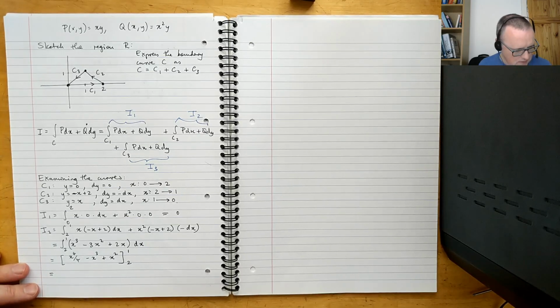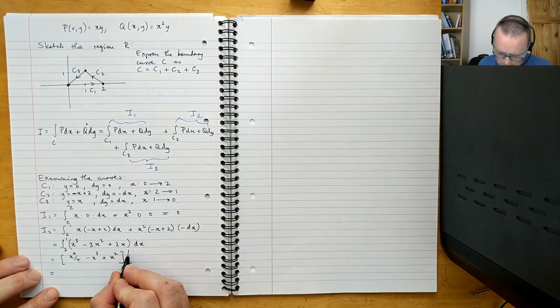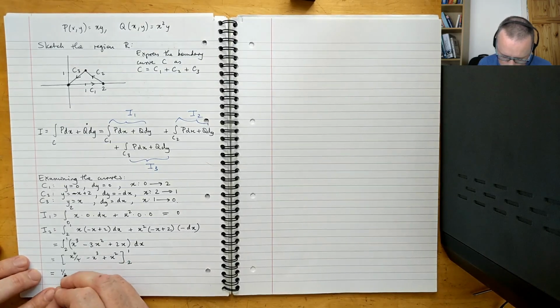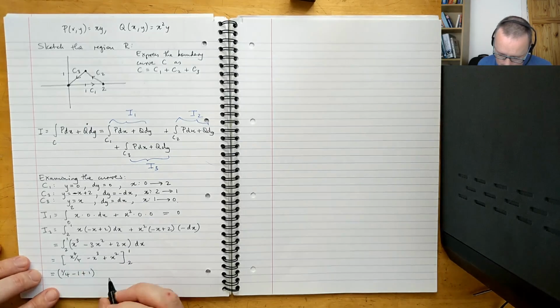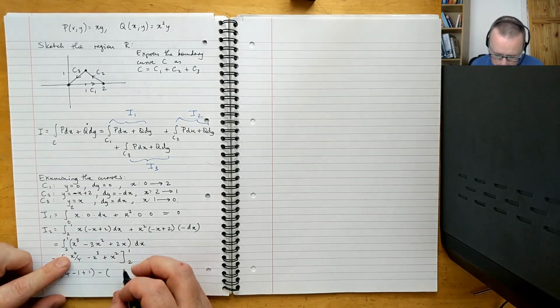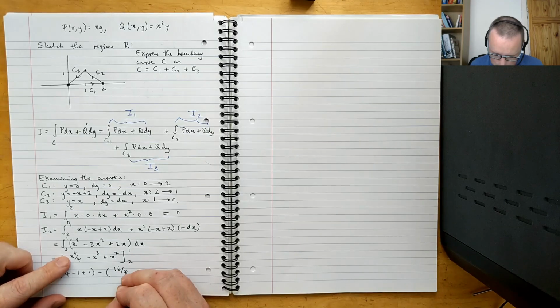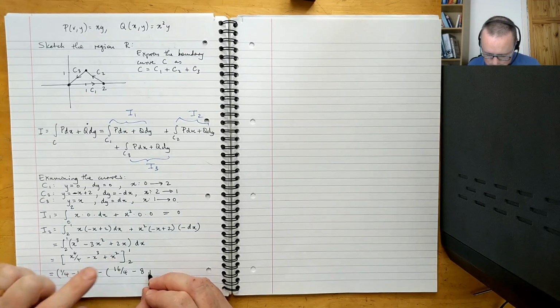Okay, let's forge ahead here. When you substitute in x equals 1, you get 1/4 minus 1 plus 1. And then you subtract the evaluation at 2. When you evaluate at 2, you get 2 to the 4, which is 16 over 4, minus 2 cubed, which is 8, plus 2 squared, which is 4.